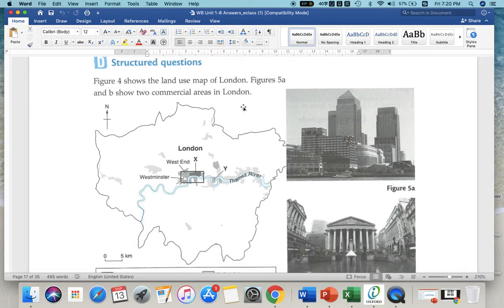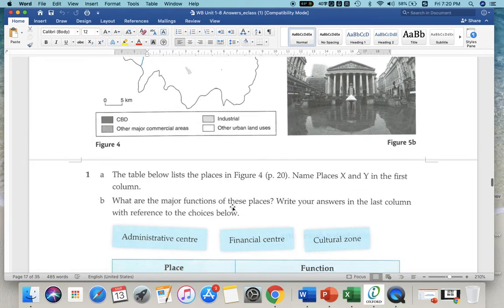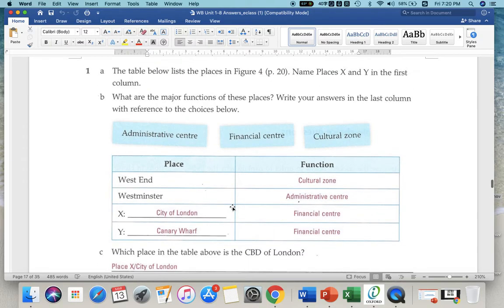For part D, the structure questions. Okay, last part of the workbook where I ask you to upload the page to me on the Google Classroom. So first of all, I will go over some common mistakes that I have discovered. It asks you to match the places here, and part B asks you to write down the major functions that you have identified from the place.